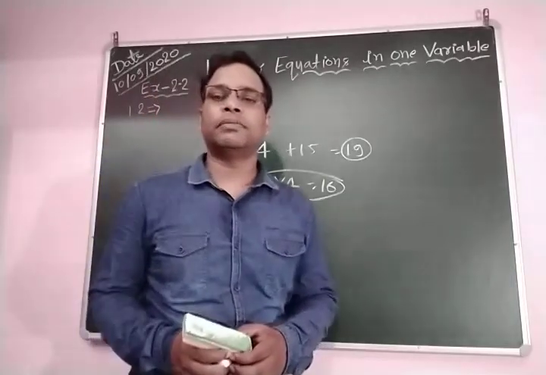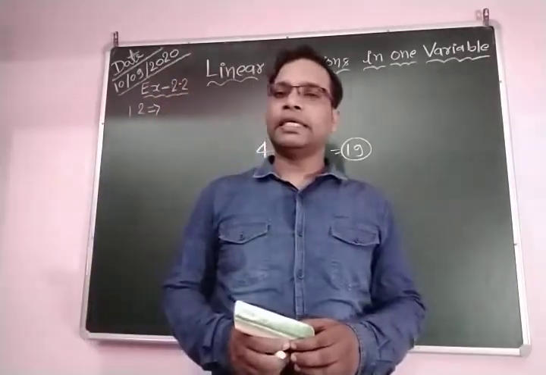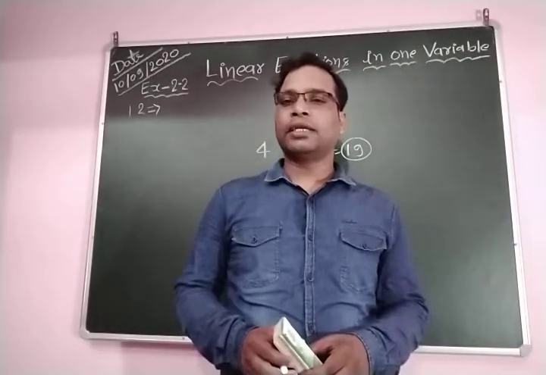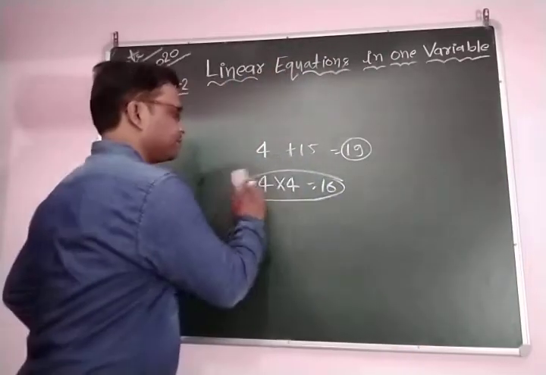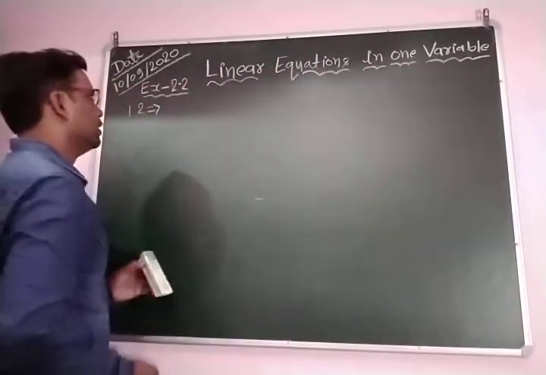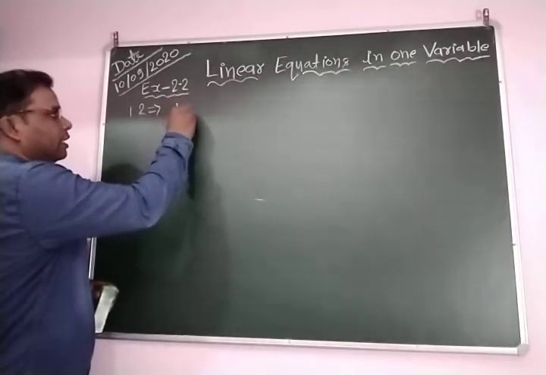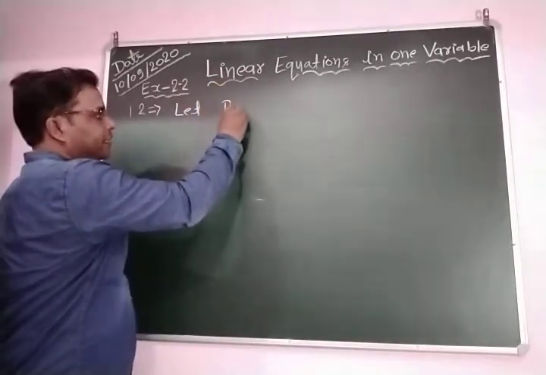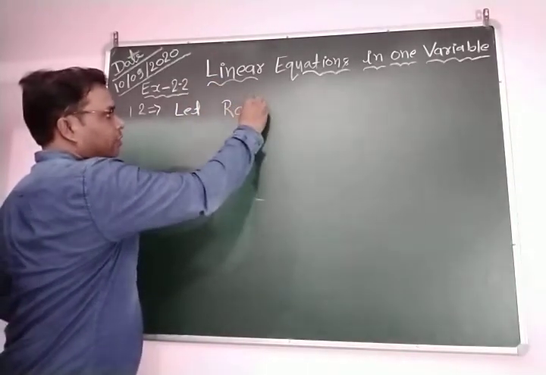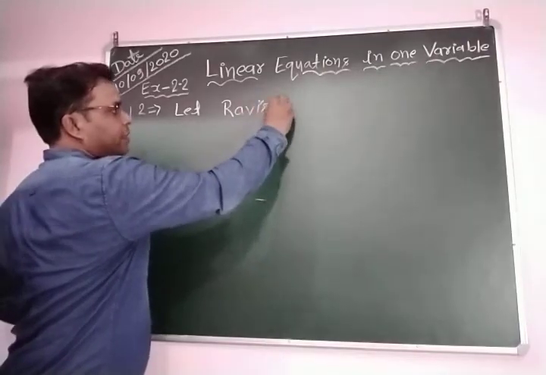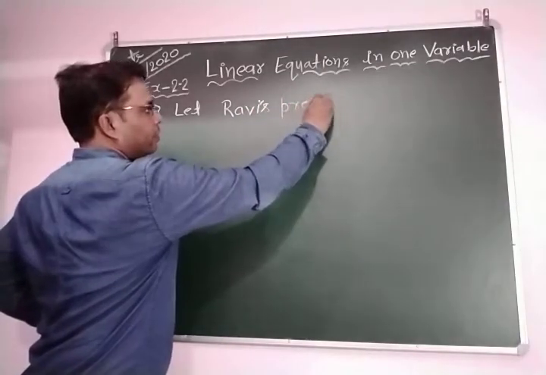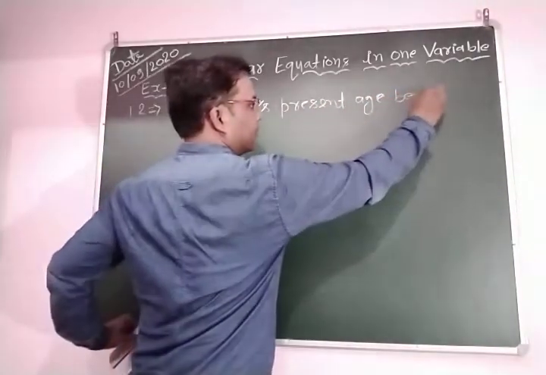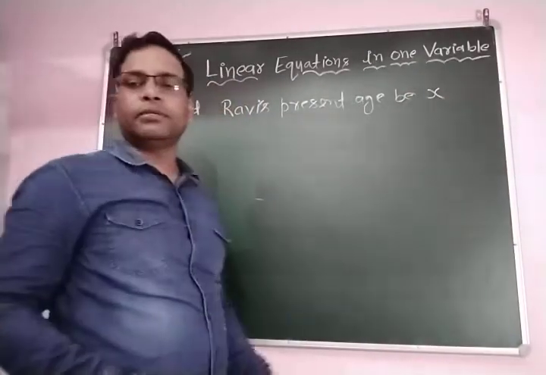So first we let the present age of Ravi be x, in variables. First write here, question number 12: let Ravi's present age be x years.